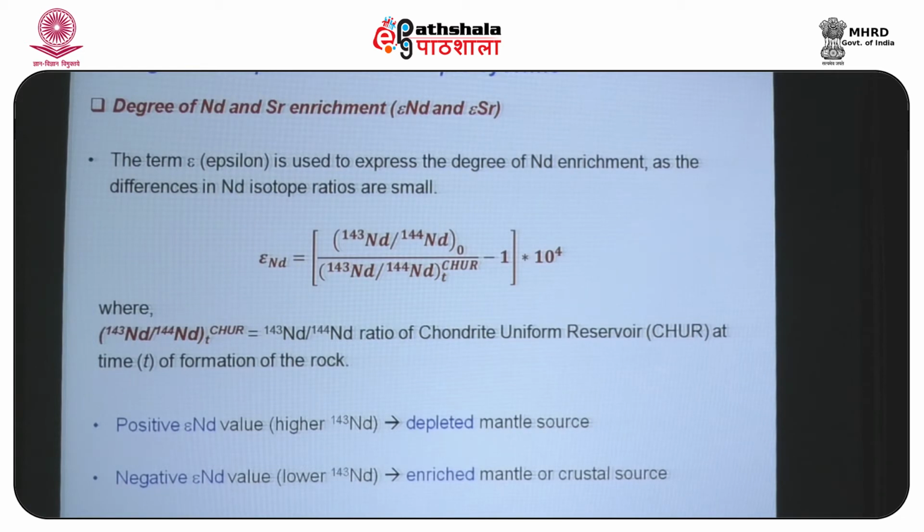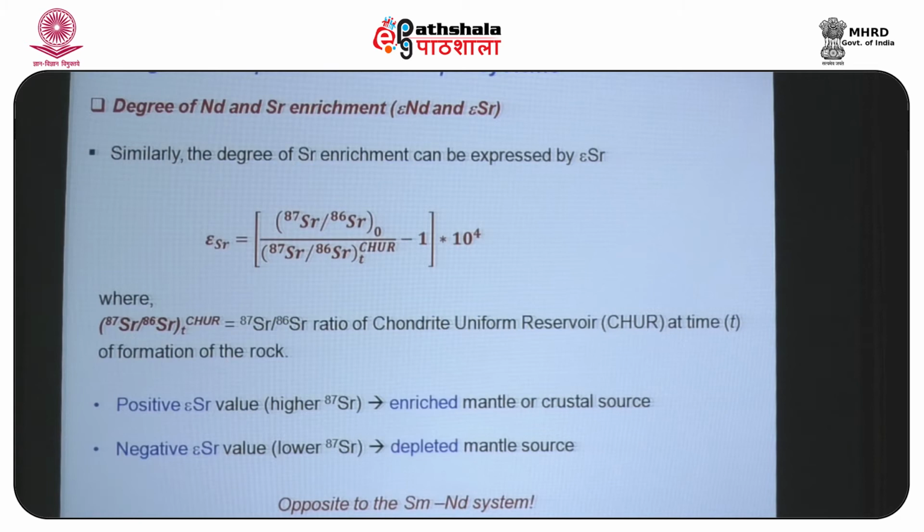Similarly, a negative epsilon Nd, that is a lower 143 Nd value, comes from an enriched mantle or crustal source, because 143 Nd is relatively depleted in the crust relative to the bulk earth, which is the chondrite uniform reservoir.